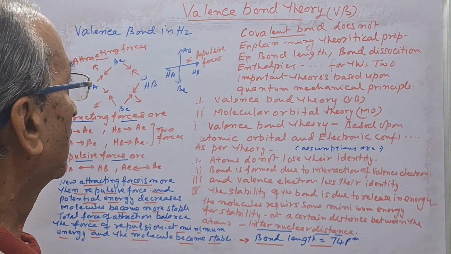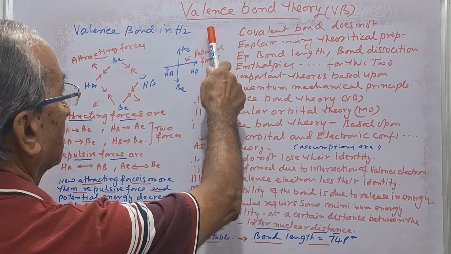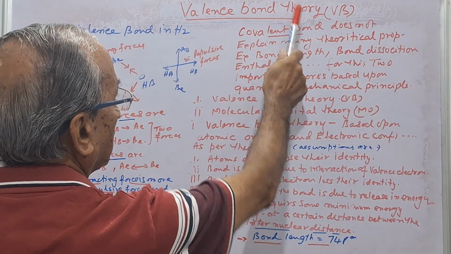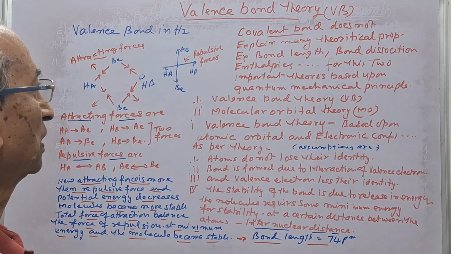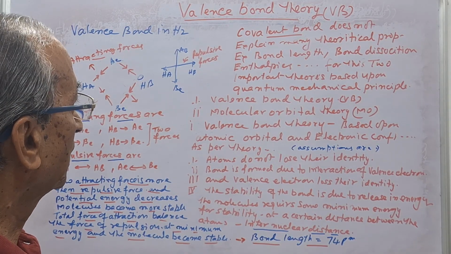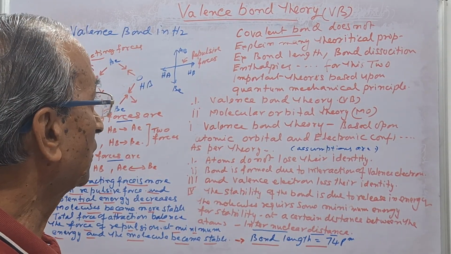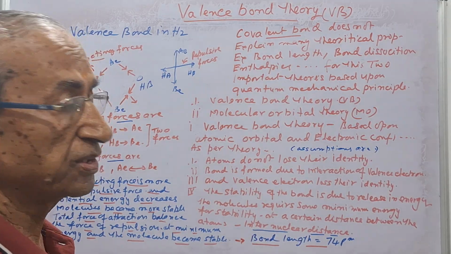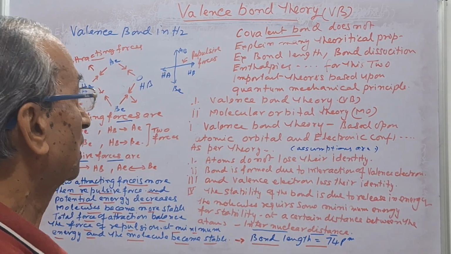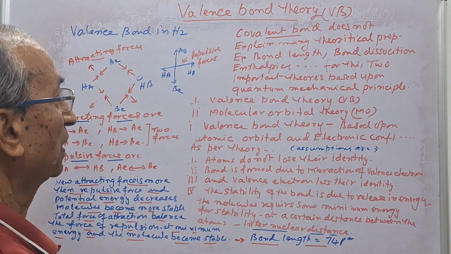Today I will take a new topic, that is valence bond theory. You see, in the case of the covalent bond, when two atoms combine together by sharing of the electrons, they form the covalent bond.